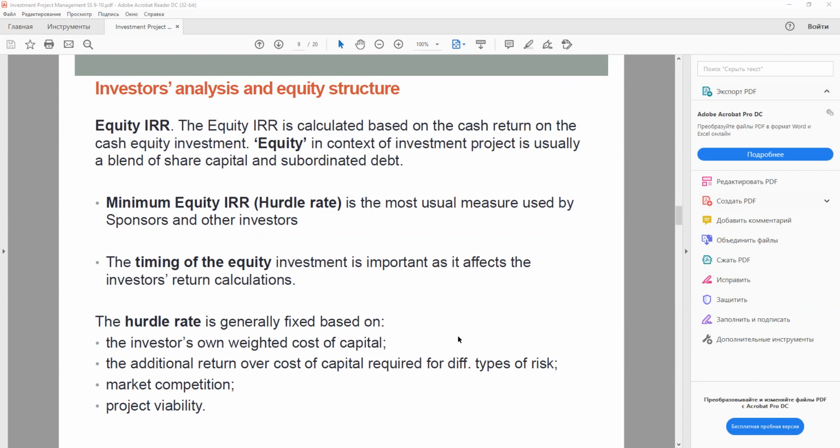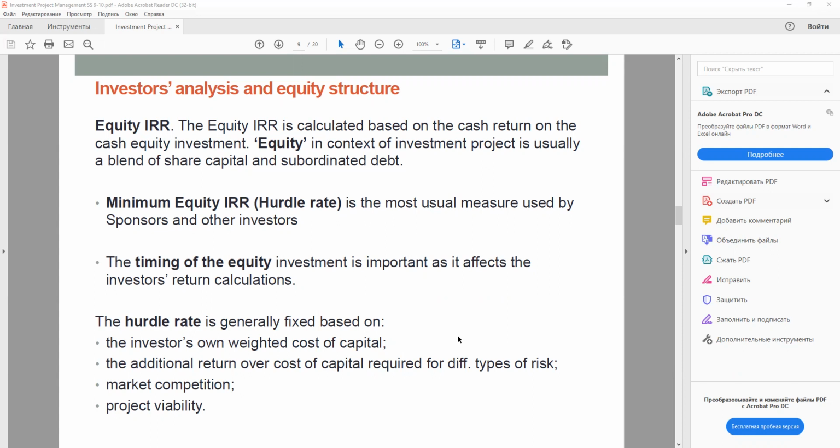Project finance investors use the return on the equity investment in the project company as their main measure. Investors usually have hurdle rates for the equity IRR, above which an investment is acceptable and below which it is not.